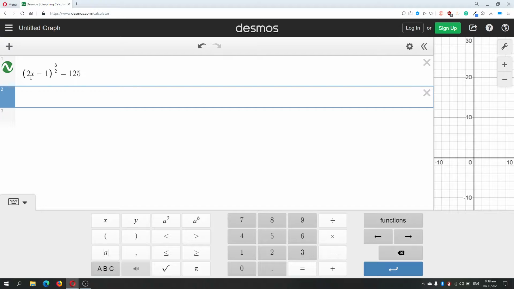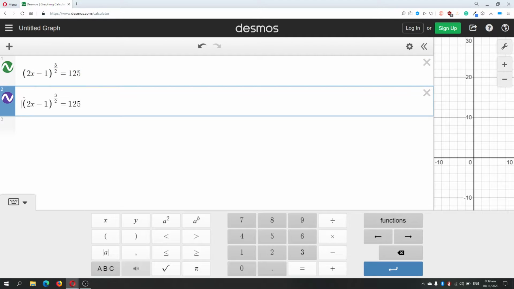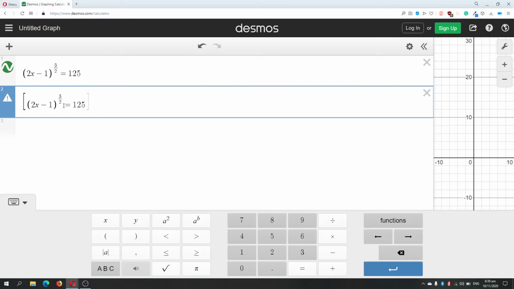Again, kung anong ginawa natin nung una, kailangan ma-cancel out natin yung exponent. So we will cancel out the exponent by using the reciprocal ulit. So that is 2 over 3. So ganun din dito, that is 2 over 3.